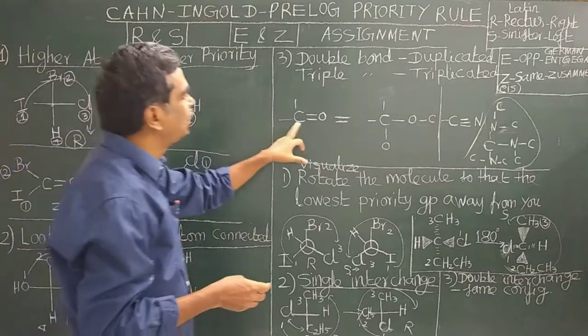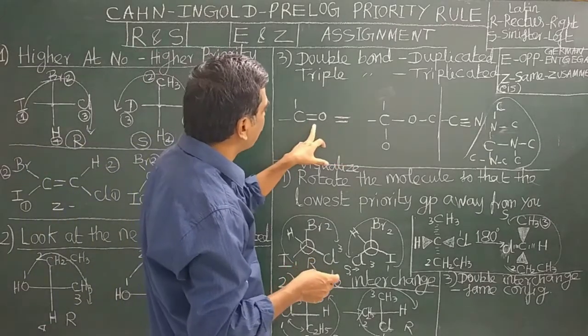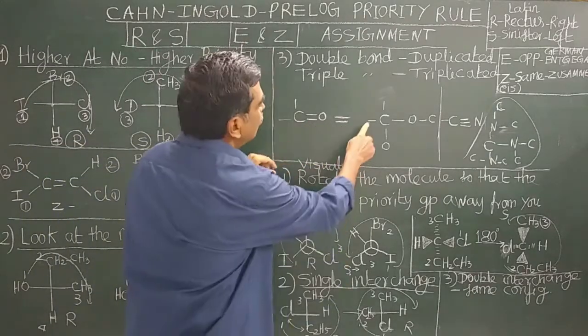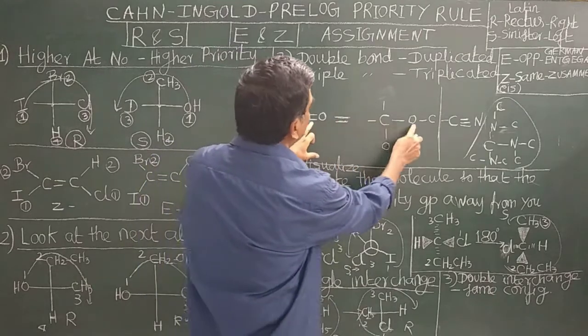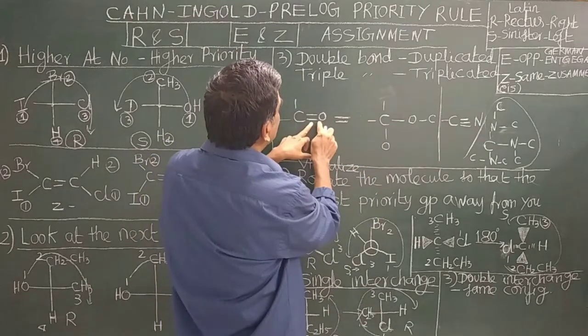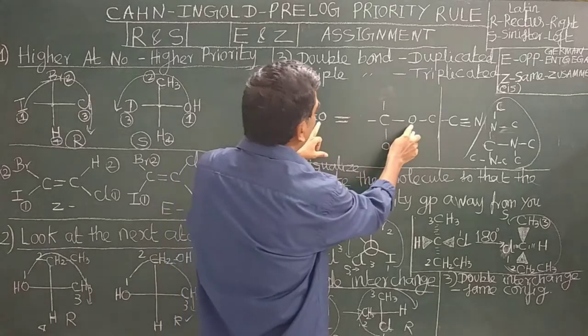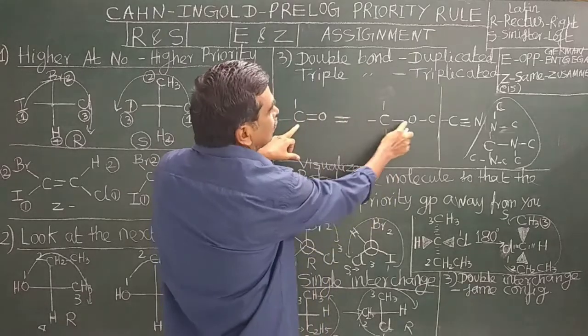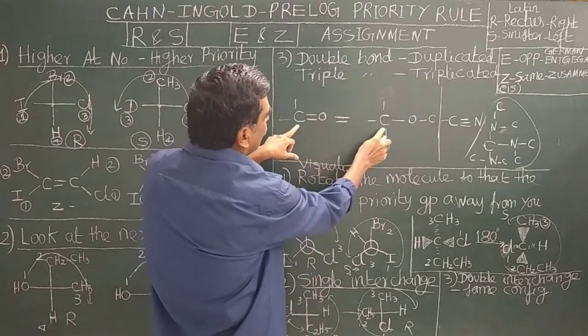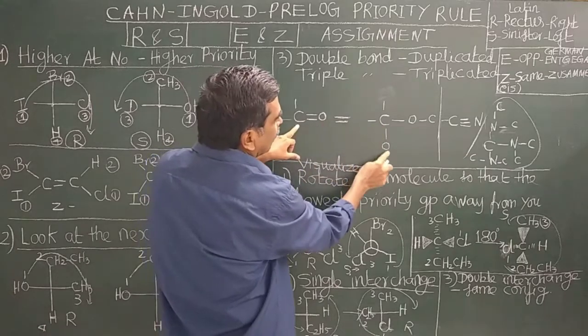For example, how it is duplicated, I have shown you, C double bond O. Carbon is connected to oxygen, and duplicated, so carbon has another bond, therefore another oxygen.